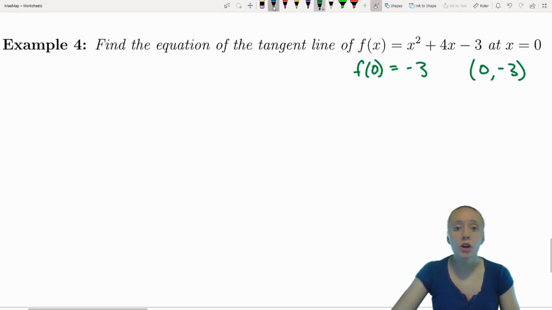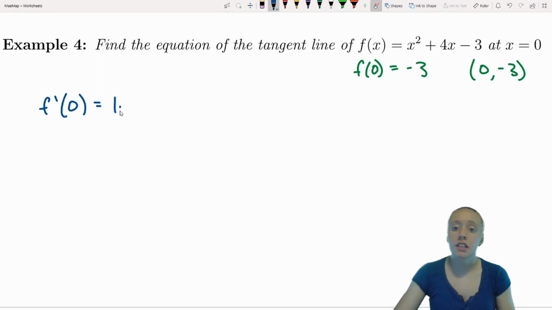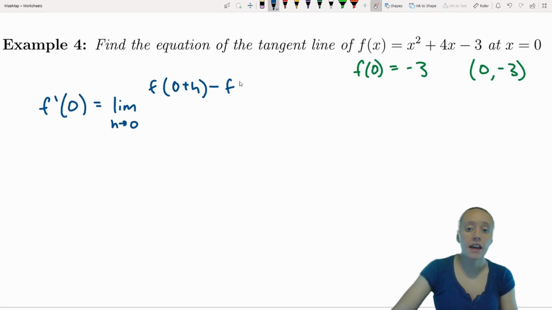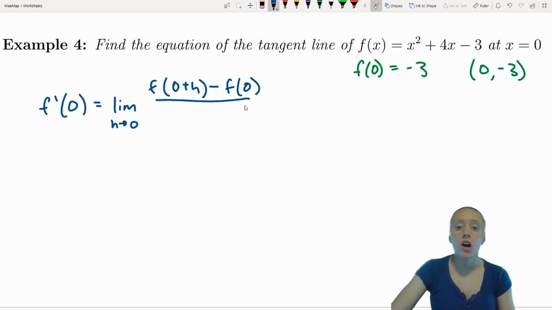And that slope we're going to calculate by finding f prime of 0. So that's the limit as h approaches 0 of f of a plus h, 0 plus h, minus f of a, minus f of 0, all over h. Well, it's nice that x is 0 and we found that point first, because we'll just start plugging things in.